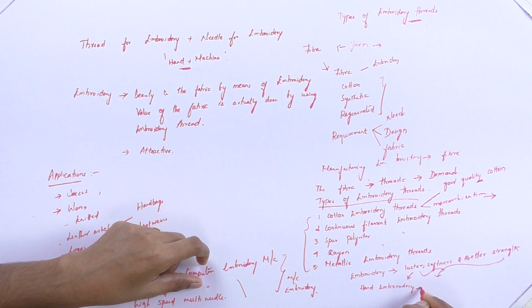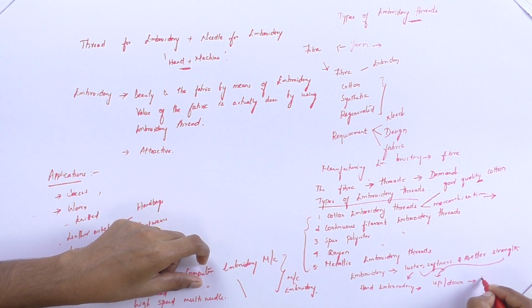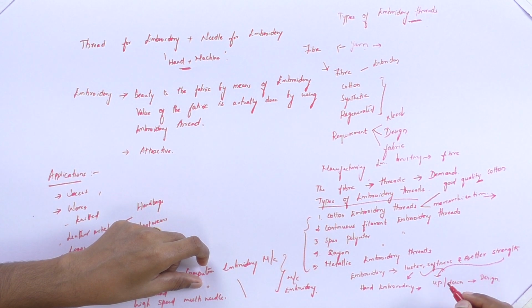in our hand embroidery, we are going to pull and push our thread up and down to complete our embroidery design. So pulling and pushing our embroidery thread up and down, the thread should have enough strength to withstand while doing the embroidery work.